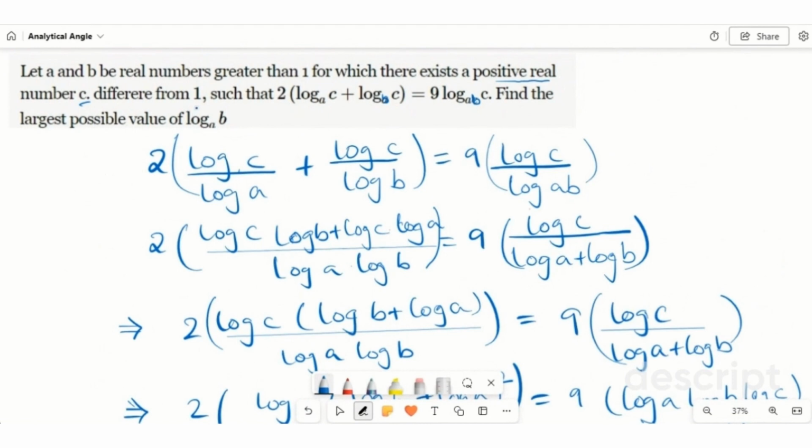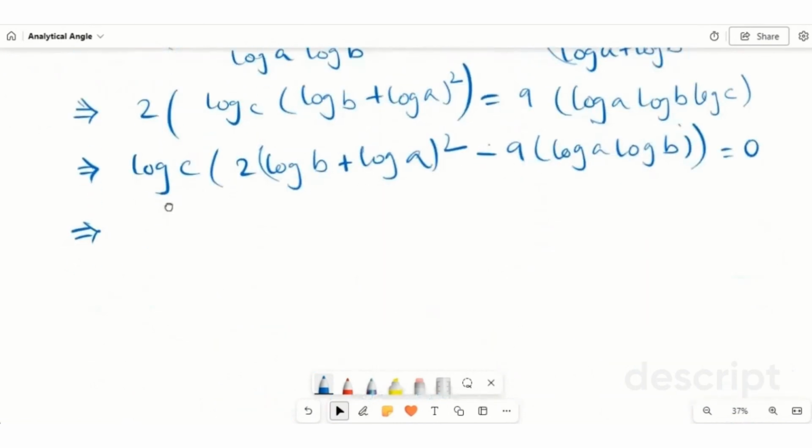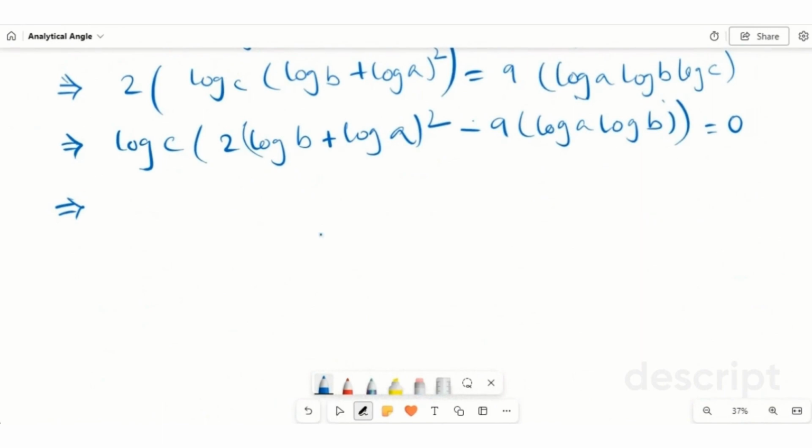That means log C can never be equal to 0. Therefore, when we return to what we have found after all this hard work, we can eliminate the possibility that log C is equal to 0, and hence we can cut it off from our equation.